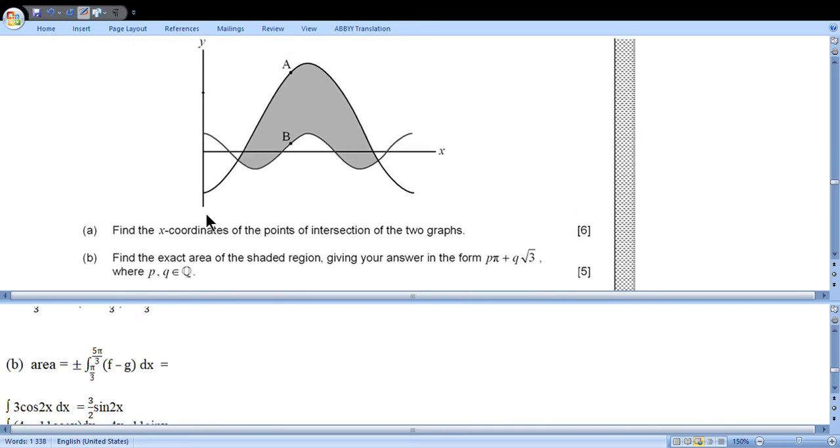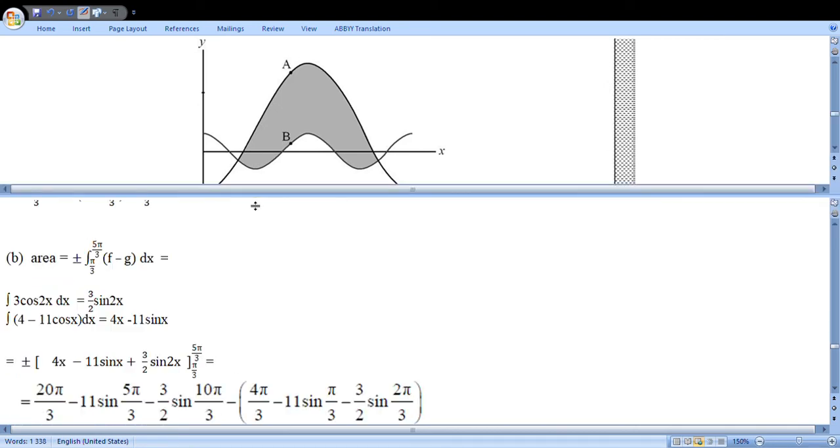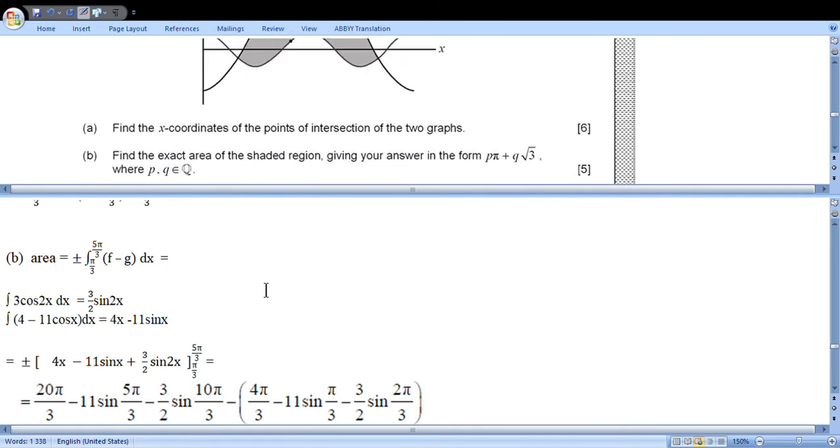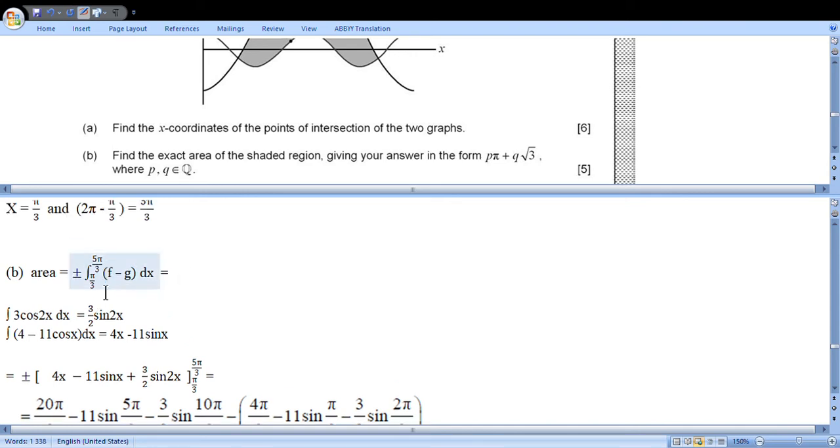Find the area of the shaded region, giving the answer in terms of pi. Right, so here I mostly used the mark scheme. The area of the shaded region will be plus or minus the definite integral between the points that we found, of f minus g.